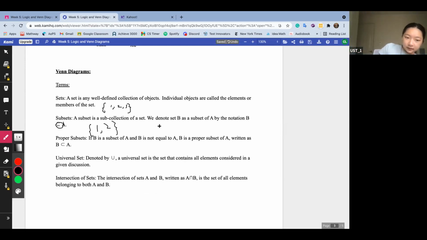And then proper subsets: if B is a subset of A and B is not equal to A, B is a proper subset of A. So basically, subsets can include the set itself. A subset of {1, 2, 3} could be {1, 2, 3}, but that would not be a proper subset. A proper subset would be all the subsets of the set except for the actual set.